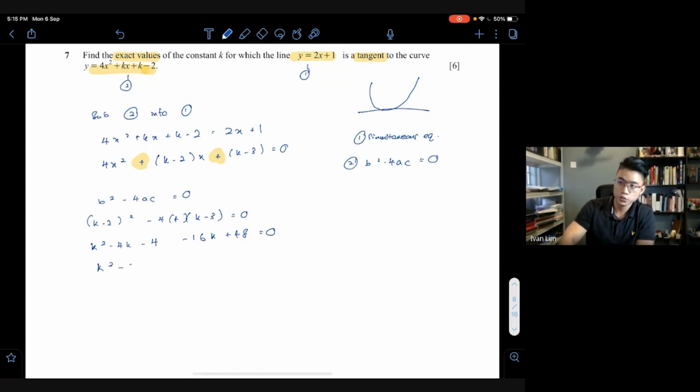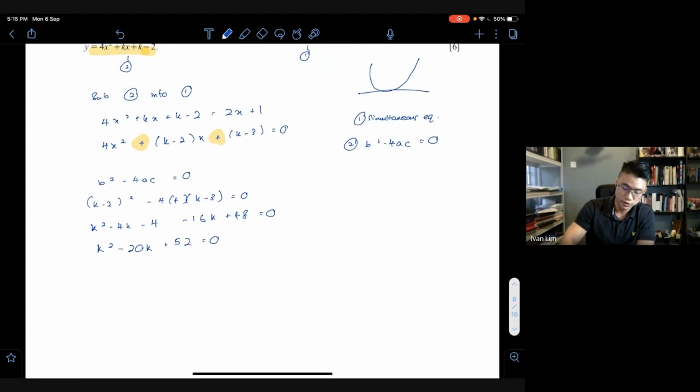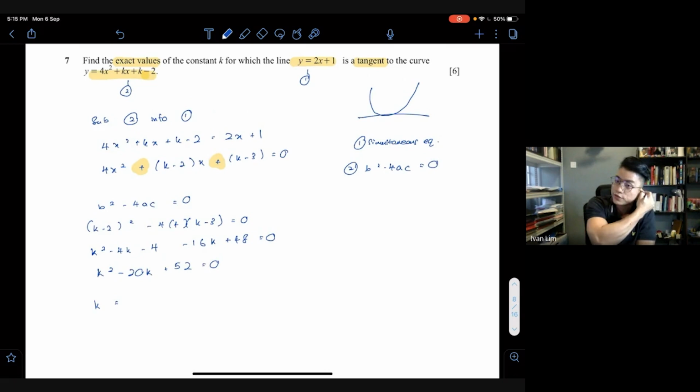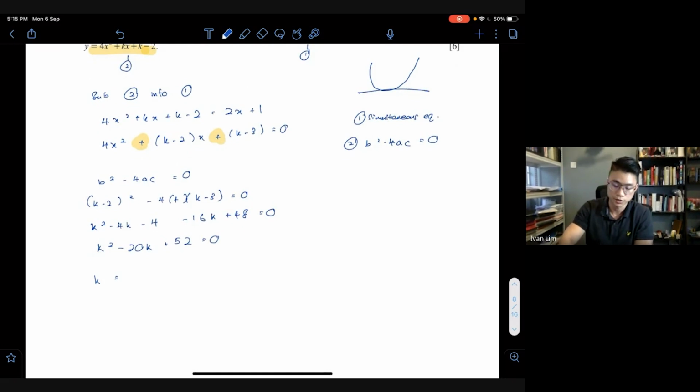Simplify it: k squared minus 20k plus 52 equals 0. Then we use the quadratic formula, because you can use your calculator to check first, but you'll get irrational numbers. So for the exact value, use your quadratic formula.